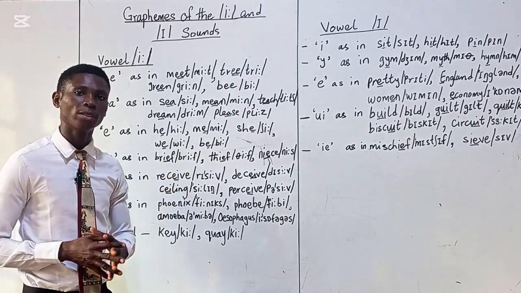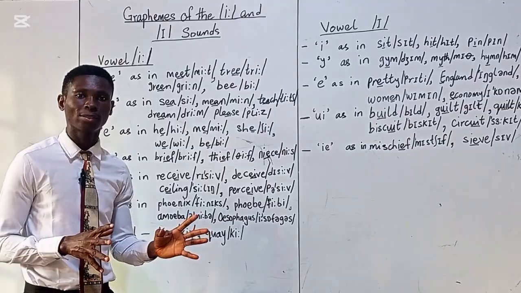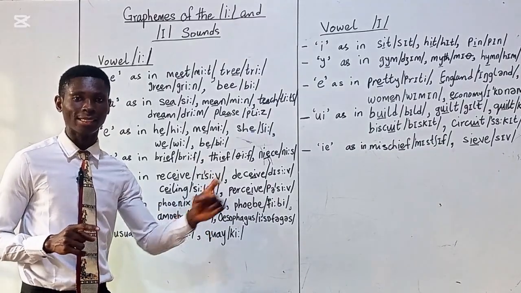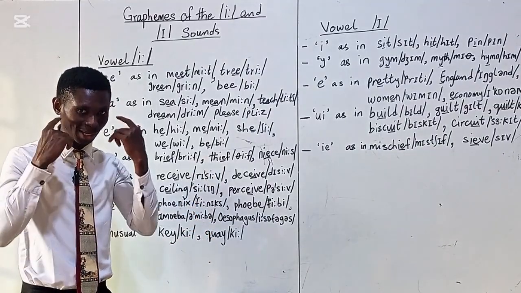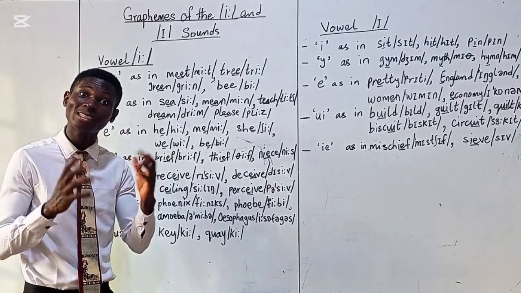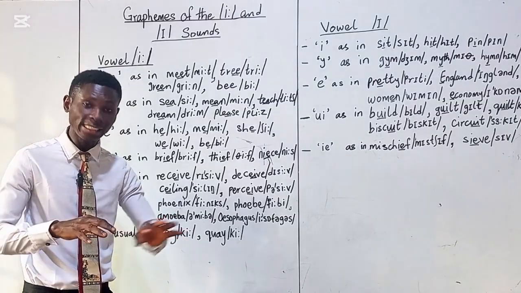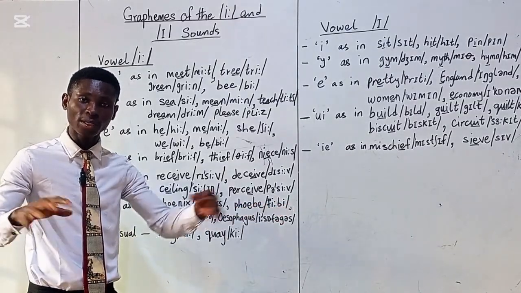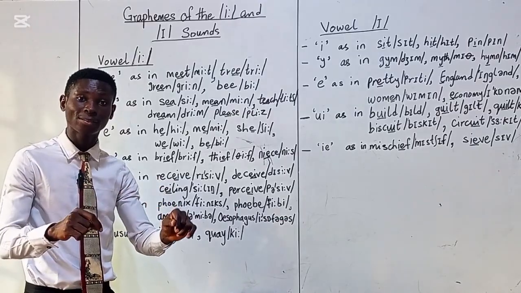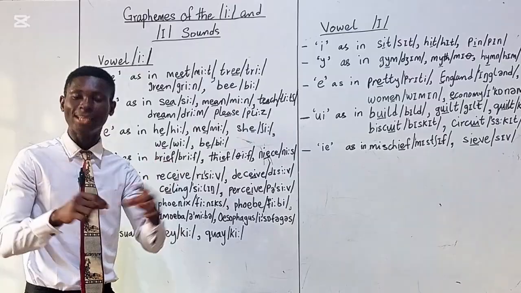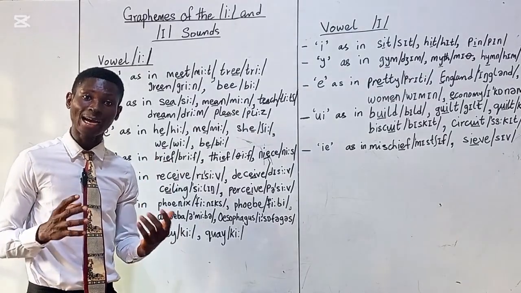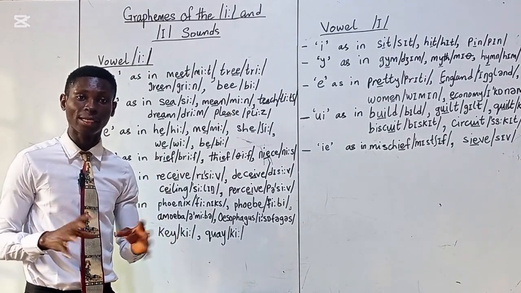It is very important to study sounds alongside letters because sounds are what we hear, whereas letters are what we see. And when you're reading, you can only see the letters. So if you don't know the sounds underneath the letters, it will be difficult to pronounce words correctly.